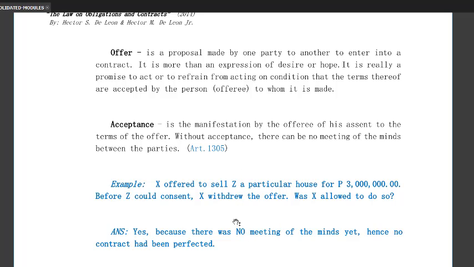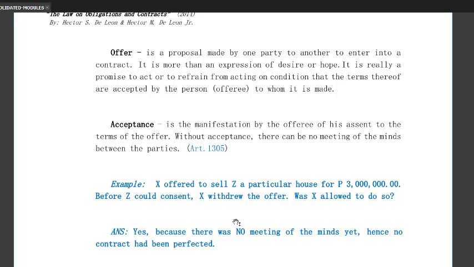So, ibig sabihin nito, kapag po nakikipag-usap tayo sa isang agent, kailan ba natin masasabi na paano pag ang offer nga is made through an agent? So, kailan ba ang contract perfected? Would it be despite that ang ating communications with the agent ay before pa yun nagre-reach dun sa taong nag-authorize sa kanya or sa kanyang principal, ay masasabi na nating accepted na yung meron na siyang knowledge dun sa iyong acceptance?